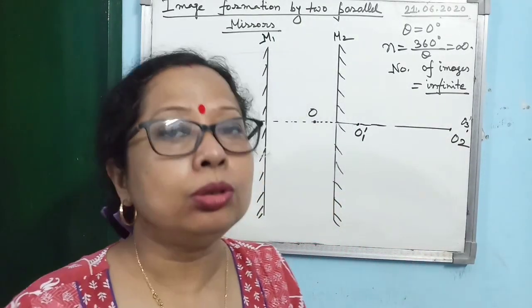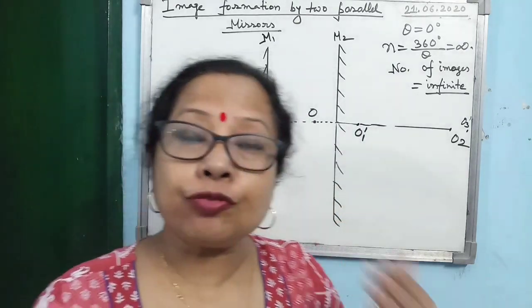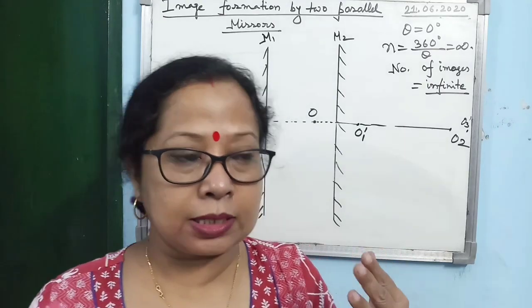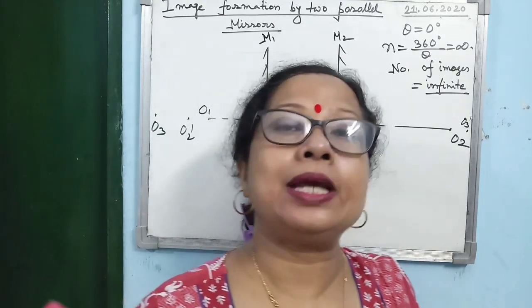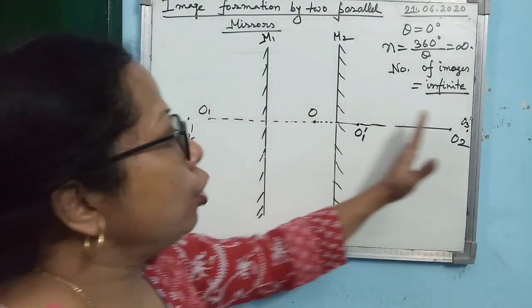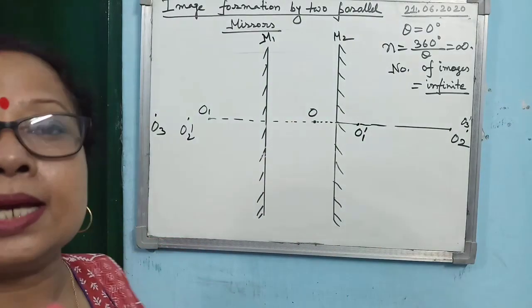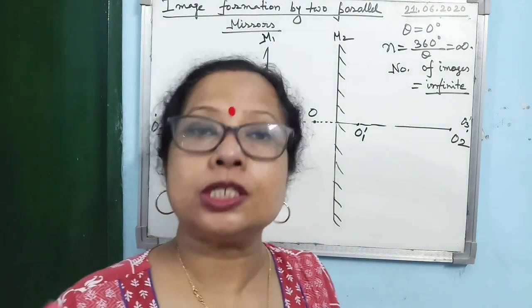Can you do that? No. That is why, when we draw the ray diagram of image formation by two parallel mirrors, we never show both the series and we never show all the images formed.